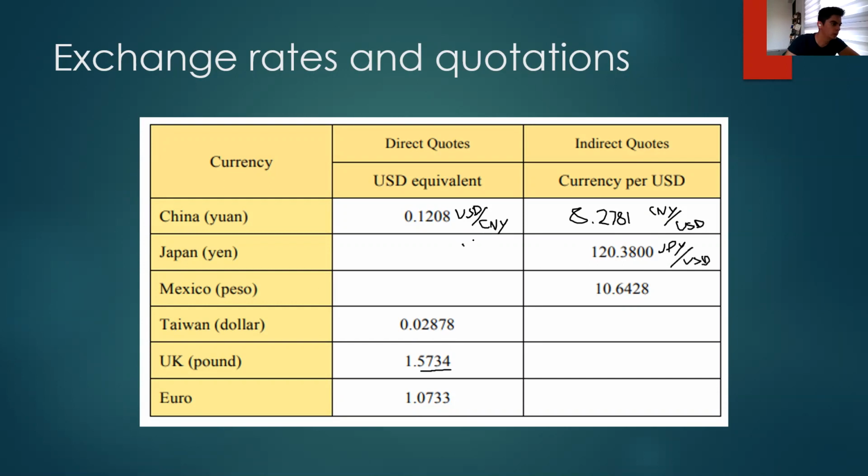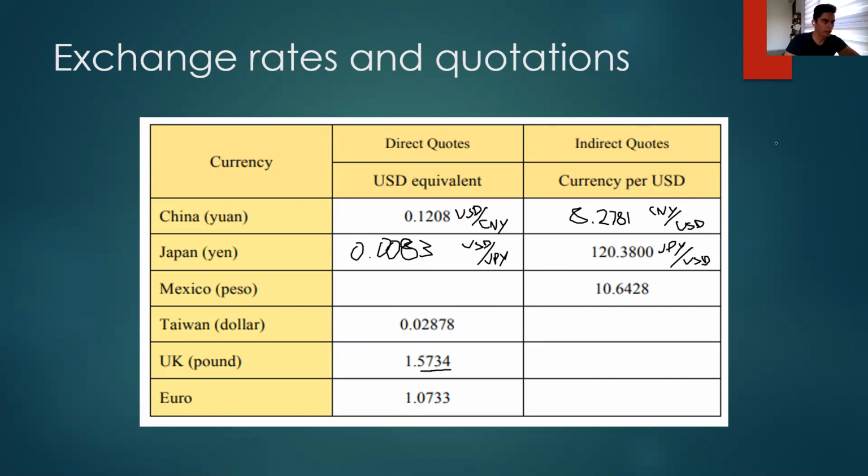And if you want to know the inverse, how many dollars per Japanese yen, you do 1 over 120.38, and you will have 0.0083. You solve it in the same way. If you do it in your calculator, you will get it.